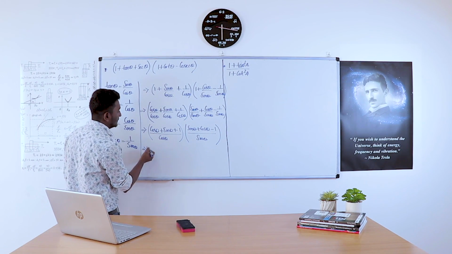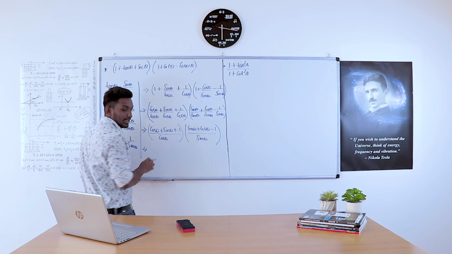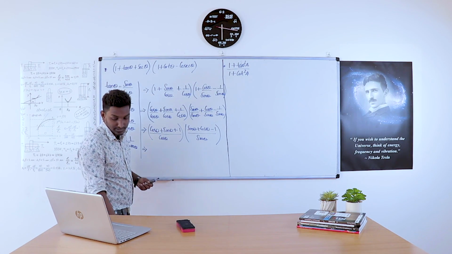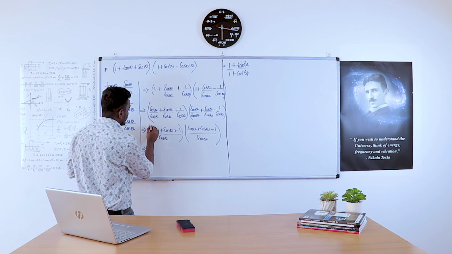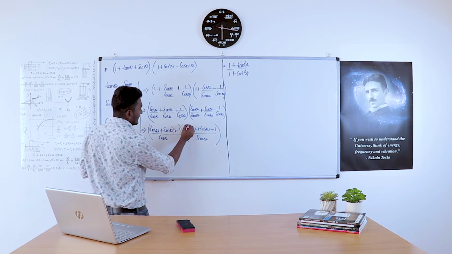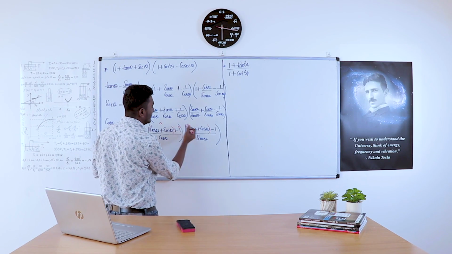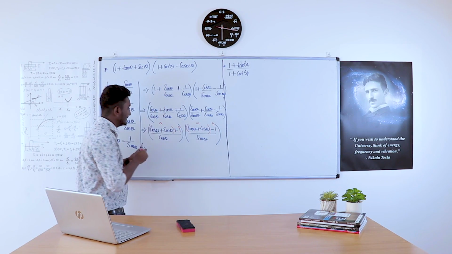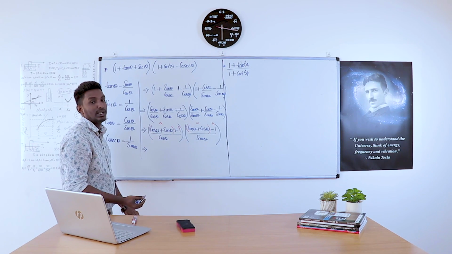That is equal to... Now look at the numerator only. When I take this cos theta plus sin theta as a single term, let it be A, and this is B. Here also A, B. So this is in the form A plus B into A minus B.